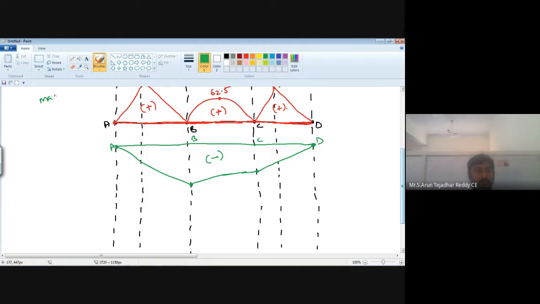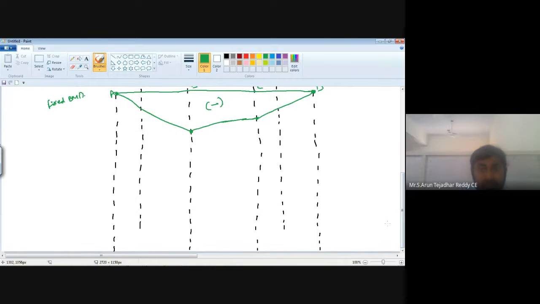First one is the maximum bending moment diagram. The second is the fixed bending moment diagram. It means due to fixing moment values. Now, both the diagrams merge in one place.